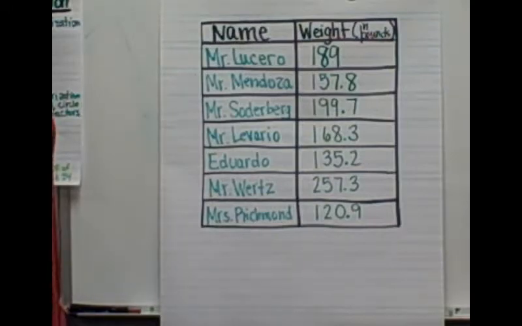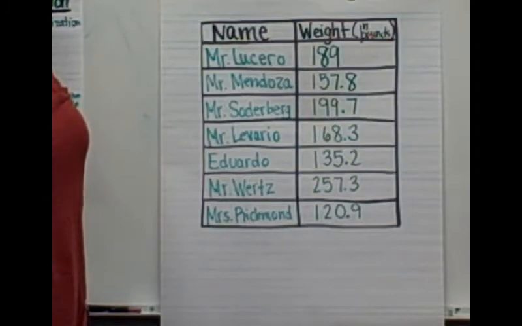Eduardo was 135.2 pounds. Mr. Wertz was 257.3 pounds. And finally, the lightest in the group, Mrs. Richmond, 120.9 pounds. Now that you have their weights in the table, let's go ahead and take a look at the question.